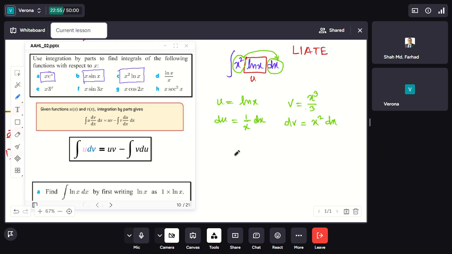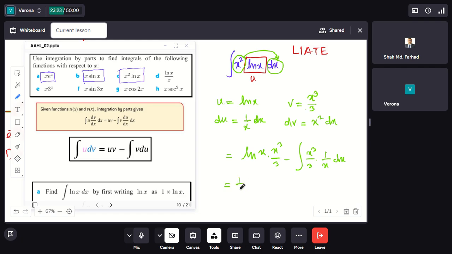So that is ln x times x cube over 3, then minus integral v, that is x cubed by 3, over 3, then du, that is 1 over x dx.